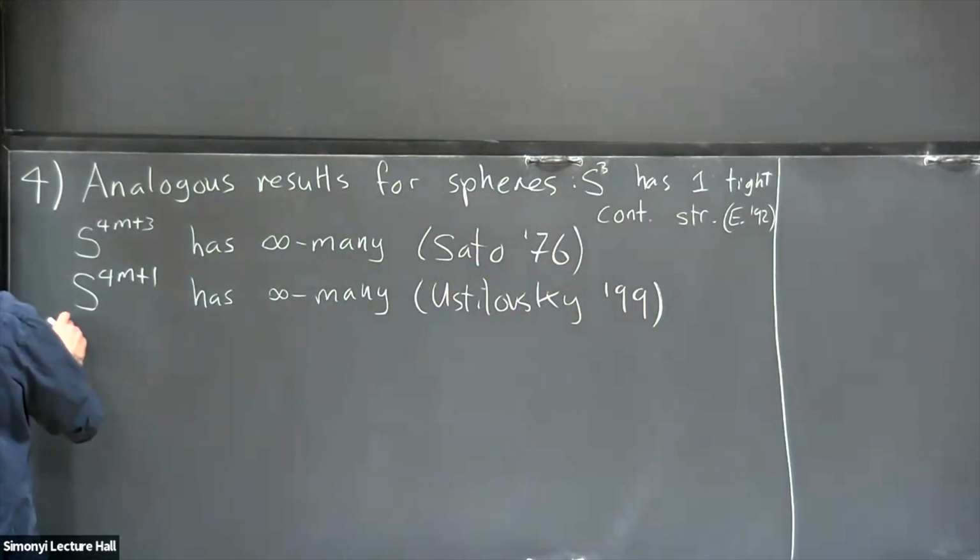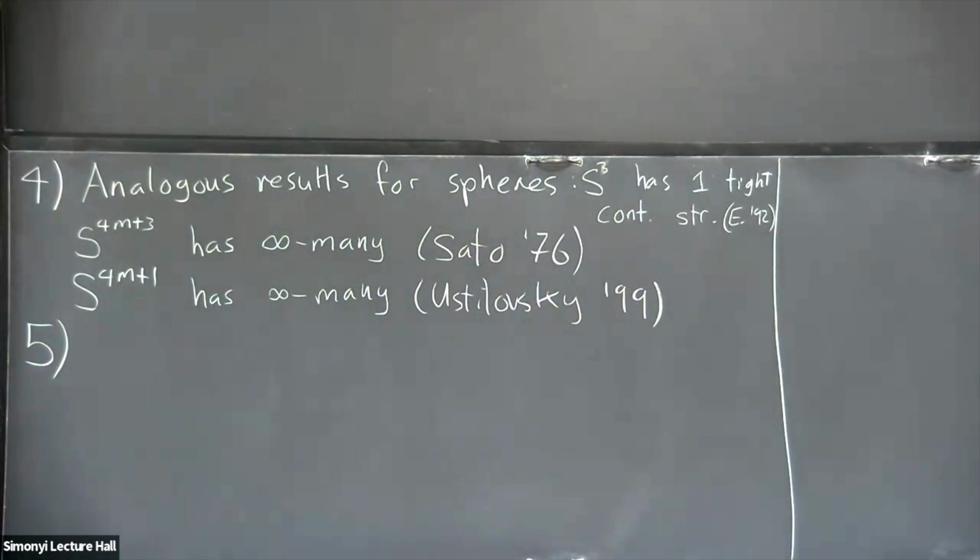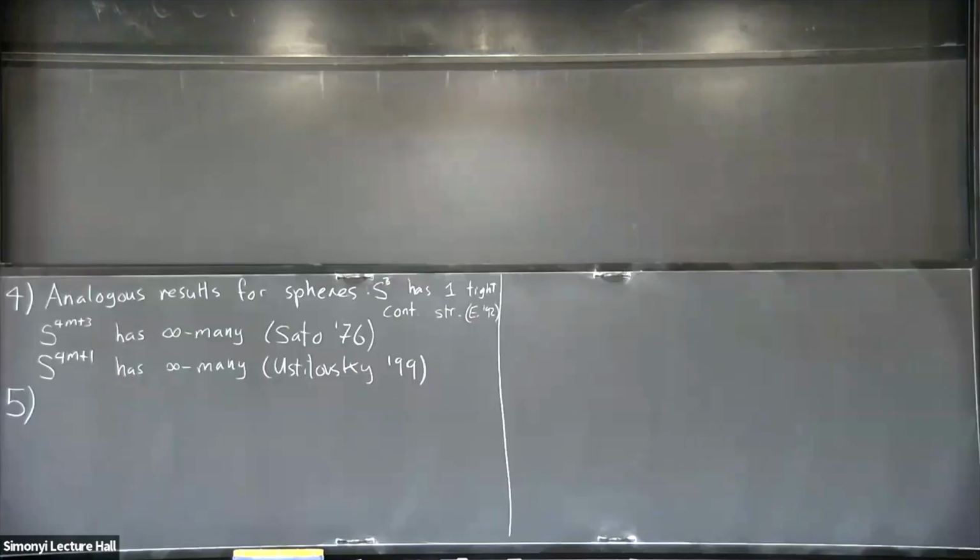Just one more final comment before I start describing that is another word about tight and overtwisted, because I haven't actually said anything about what it means, which I will continue not to do.